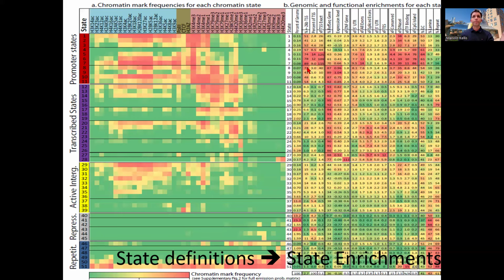Everybody with me here? Then we looked at repetitive states, and we found that they're enriched in these repeat elements. And basically, if you scan across all of these enrichments, you see that these states here are hugely enriched for repeat elements. So we're going to call these repeat states. Everybody with me here?